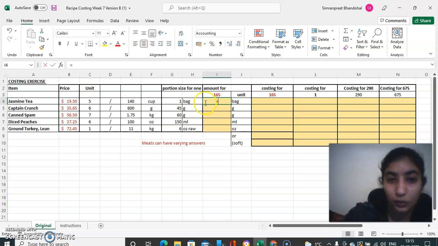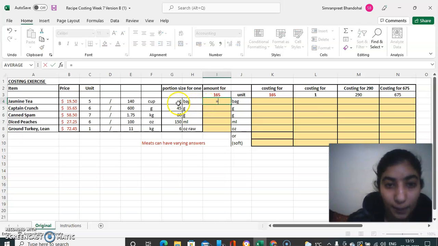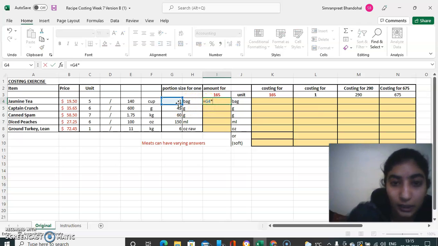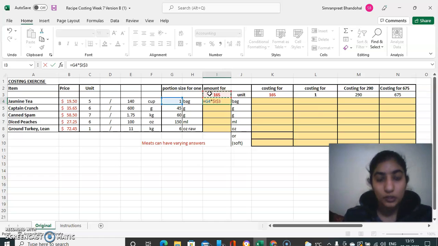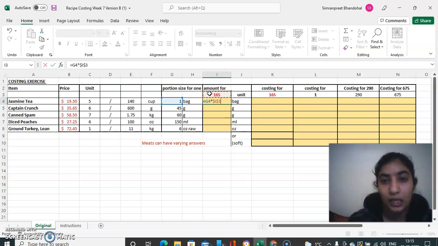So we will simply do it by typing equals portion size multiplied by amount for 165. We will do self-referencing by pressing F4 on our keyboard. The importance of self-referencing is to avoid any errors in our calculations while rounding or while using the same cells or calculations in our other cells.